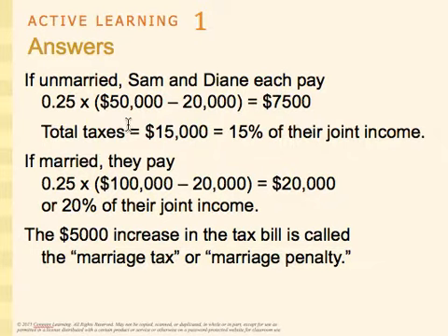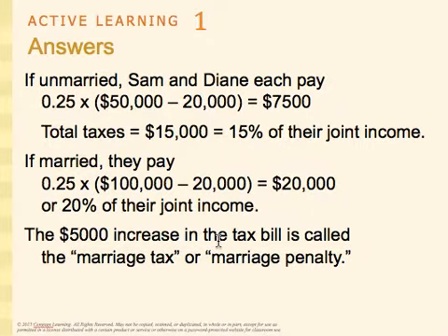If they're unmarried, they pay individually a total tax bill of $15,000, which is 15% of the joint income. Now, if they marry, they pay the same quarter on their $100,000 minus the $20,000 that's not taxable, and they pay $20,000, which is 20% of the joint income.